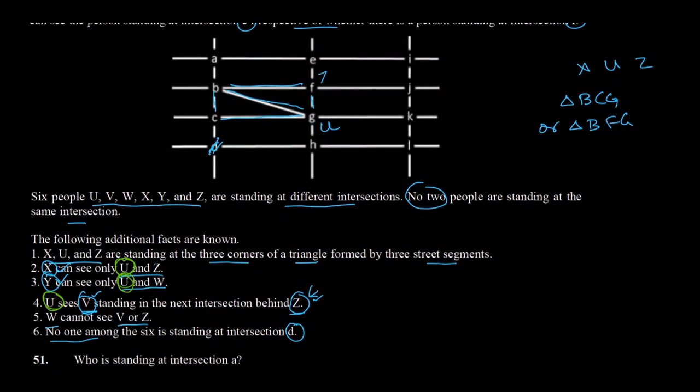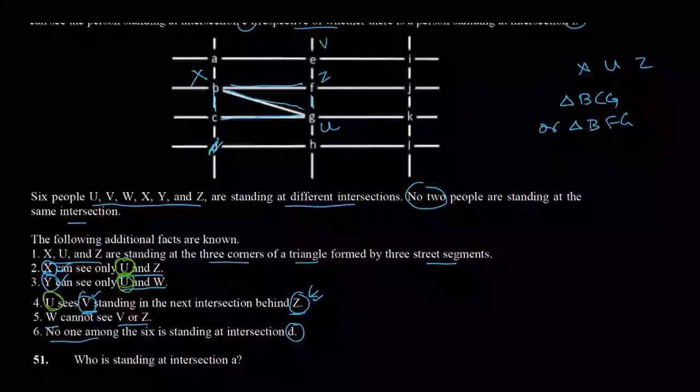So Z will come here and V will come here, and X has to come here.